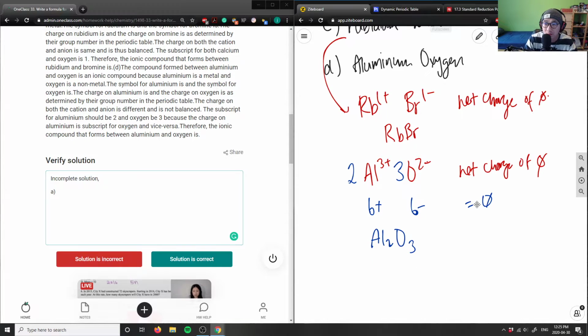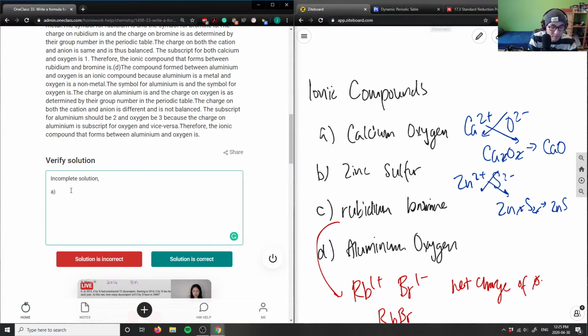So A was calcium and oxygen, which make calcium oxide, so CaO. B is zinc and sulfur, which make zinc sulfide. This is ZnS.